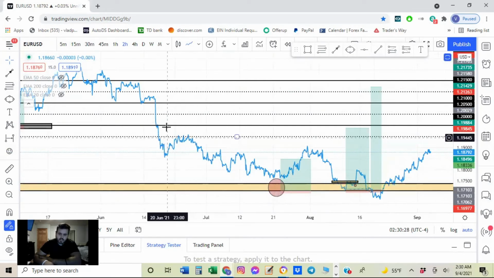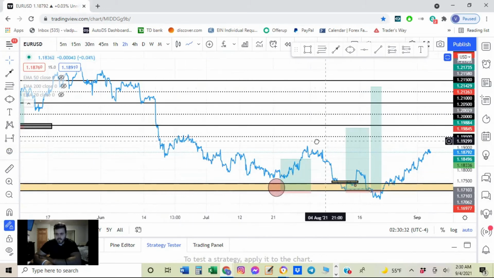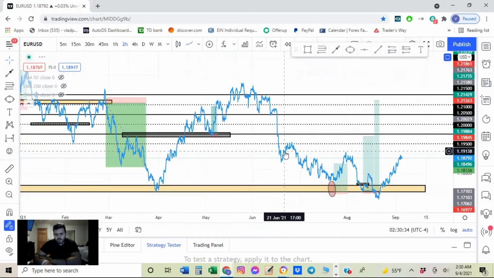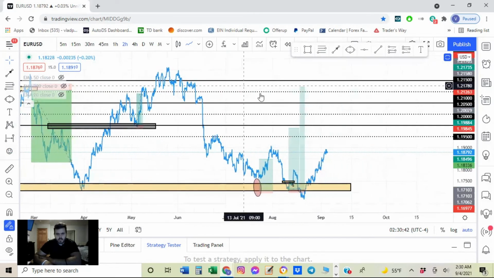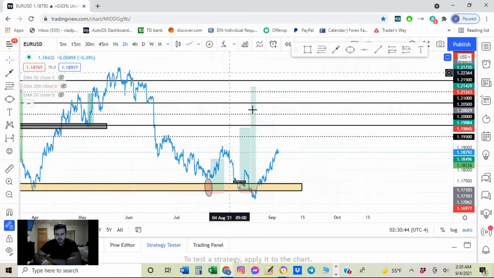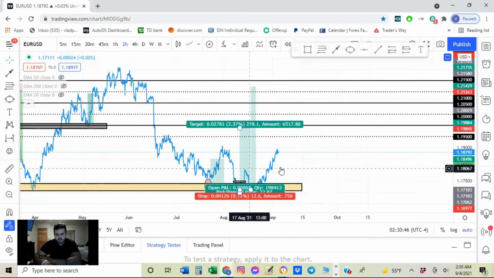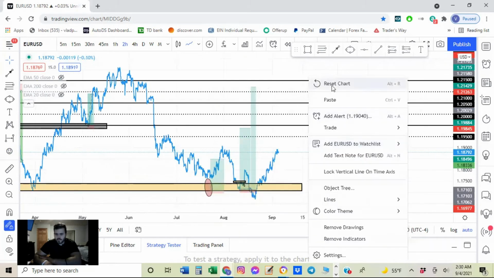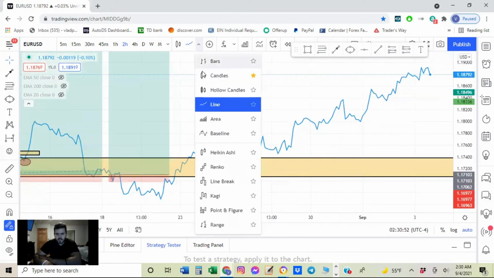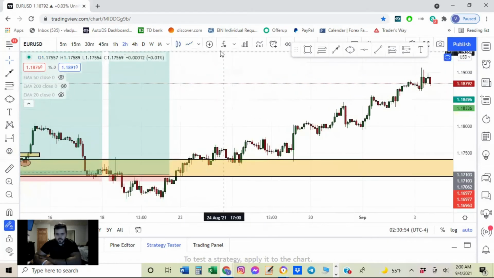Its main purpose is to focus on the body. So it's great to see this because you can see break, retest, break, retest, and you can work from there. So that is very good. This is something I was looking at earlier. So I stick to my candles.